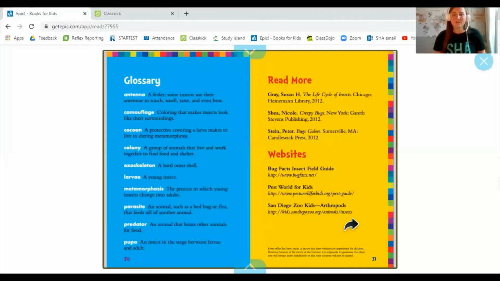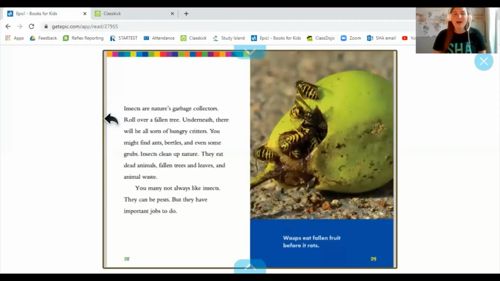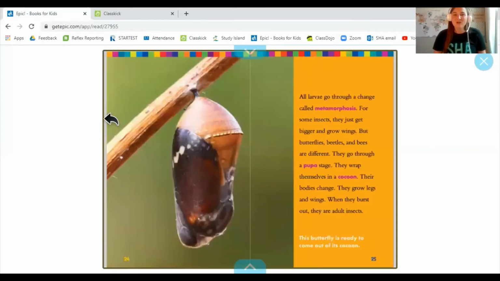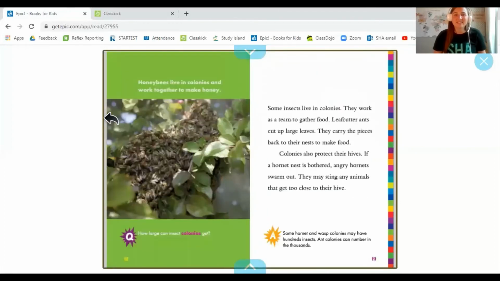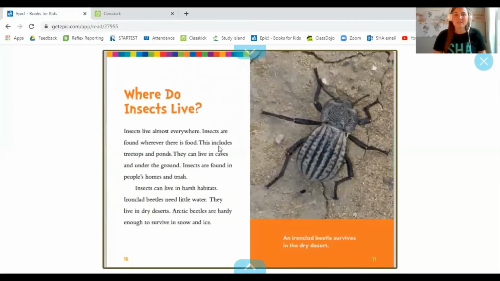Very good, second grade. Okay, I'm looking forward to seeing any notes that you took. On your Class Kick today, we will be looking at page 17. Now, I will want you to practice your note-taking on this page.